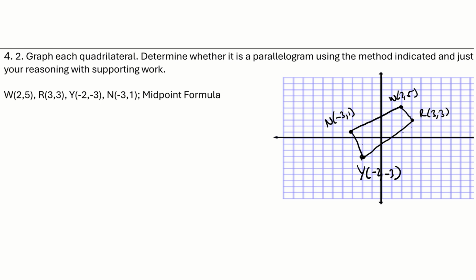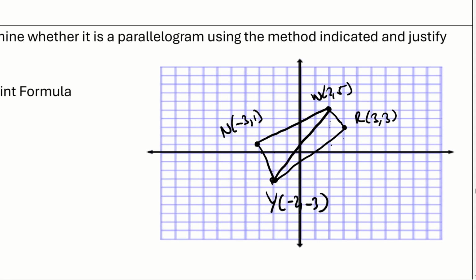And let's do this. This looks a little odd, so it might not work, right? But we're going to do the midpoint. So let's do the midpoint of the diagonal. So WY. So the midpoint of WY. Again, add the coordinates, divide by 2. So the coordinates of W are 2, 5.